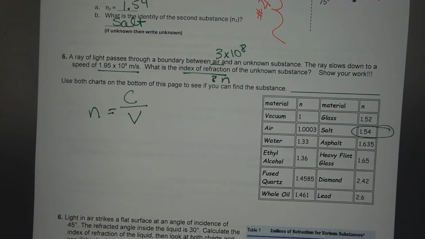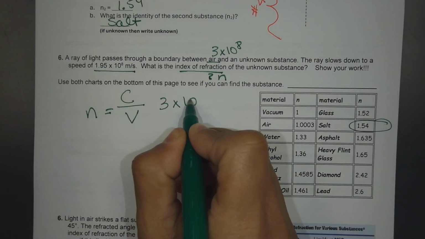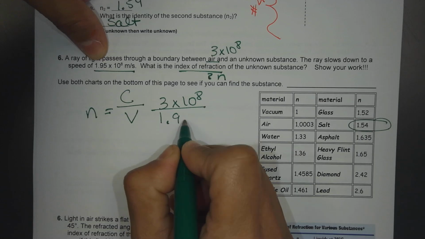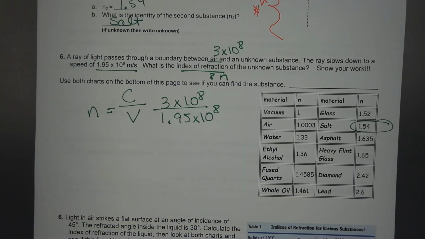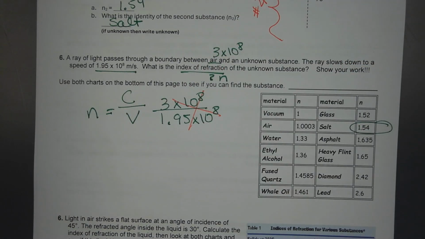C is the speed of light, but they did tell me that was passing through air, which is also the speed of light number. So I would get 3 times 10 to the 8th power over 1.95 times 10 to the 8th power. You remember your math skills? The cool thing here is that the times 10 to the 8th power could actually get canceled out.